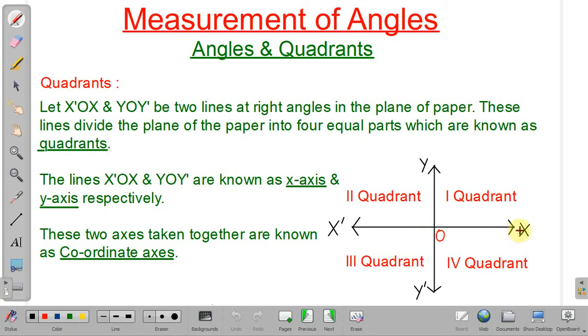XOY is called the first quadrant, YOX dash the second quadrant, X dash OY dash the third quadrant, and Y dash OX the fourth quadrant. Line XOX dash is the x-axis, and YOY dash is the y-axis, and together they are known as coordinate axes.